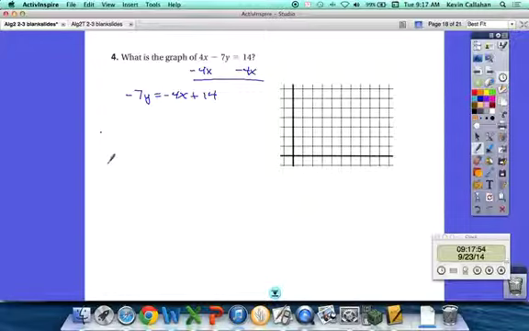Last step, divide by -7, all 3 terms. So this is y. Did I mess that up again? Darn it. y equals 4/7x minus 2. So you see I messed this up because I should have had this going down further.